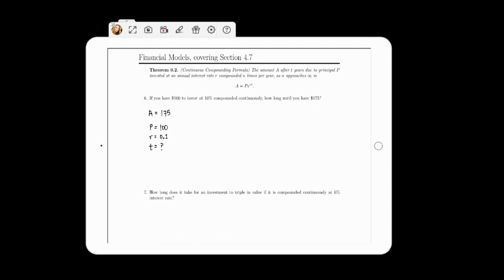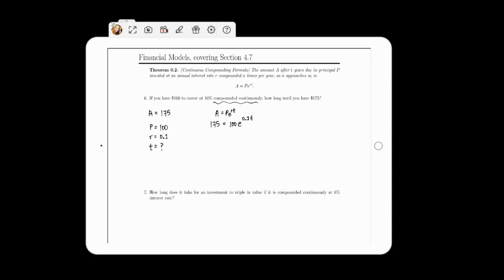Once we've identified these, we put them in the correct formula, which is this one, because again, it says it's compounded continuously. So that's how I know to use the continuous compounding formula. So then I have 175 equals 100 times e to the 0.1t, and I need to solve for t.